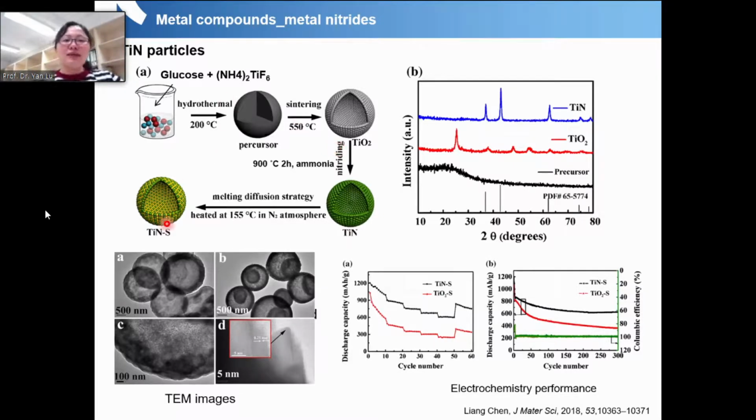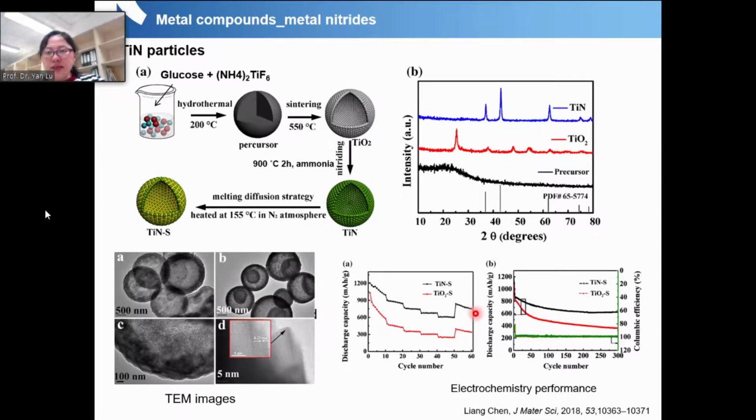However, this group has managed to synthesize such titanium nitride particles. And then they again use this melting diffusion method to load sulfur into their hollow particles. You can see from the TEM image here that the sulfur can really be loaded into the titanium nitride hollow particle.